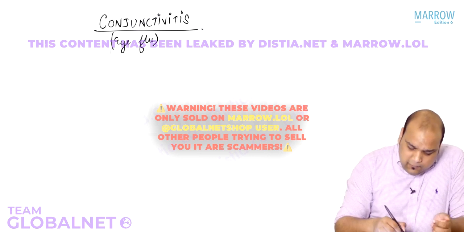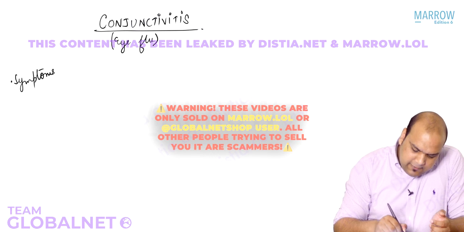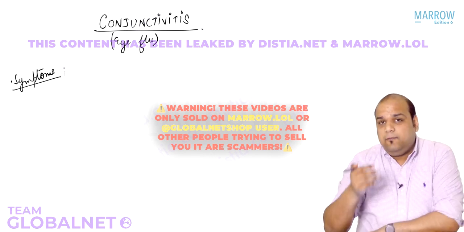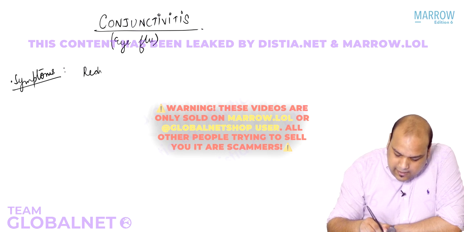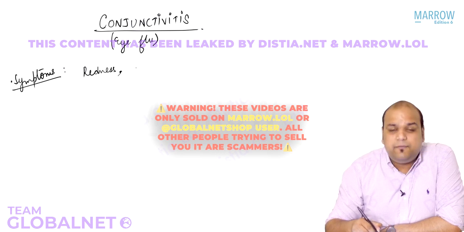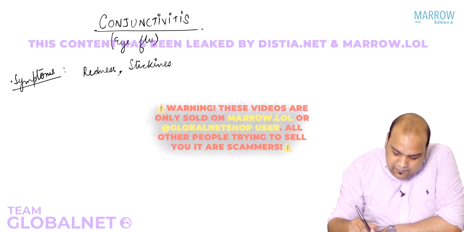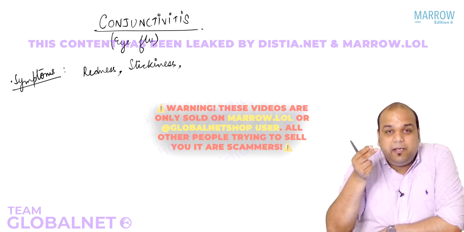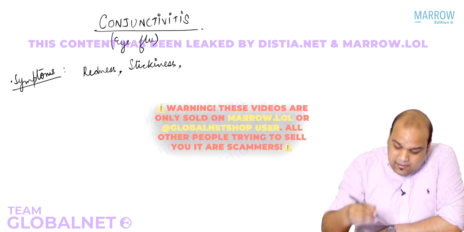Now, what will be the symptoms when you have eye flu or conjunctivitis? Think about it. What are the complaints you have? Number 1, your eye becomes red, redness. Then you have some kind of a discharge, which leads to stickiness. The patient will usually complain when they wake up in the morning, their eyes are stuck, everybody, eyelids. They can't open their eyes.